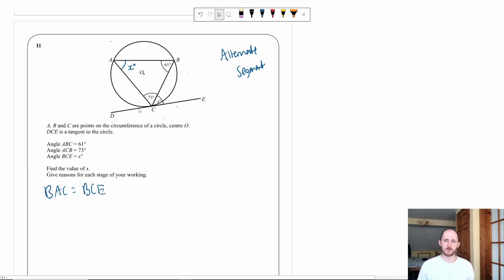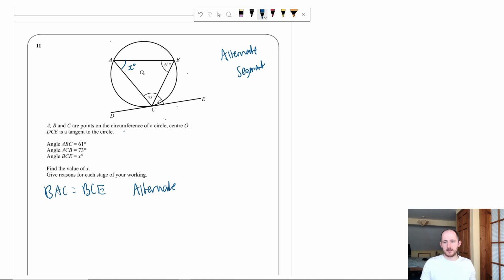Now the other way to do this, by the way, because I mentioned there was 2, is you can also say that this angle here is 61 degrees, and therefore x is just equal to 180 minus 61 minus 73, because angles on a straight line add up to 180. But if you notice, you're going to do the exact same working out, fundamentally, so it doesn't make a difference, okay? And all you do is write alternate segment theorem.